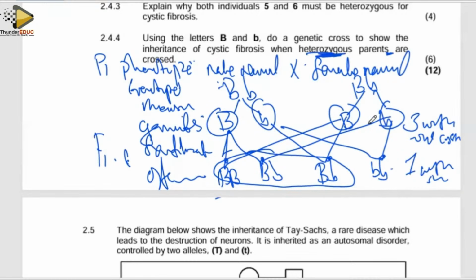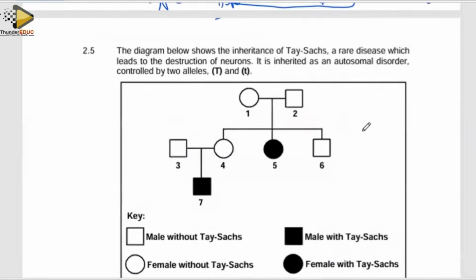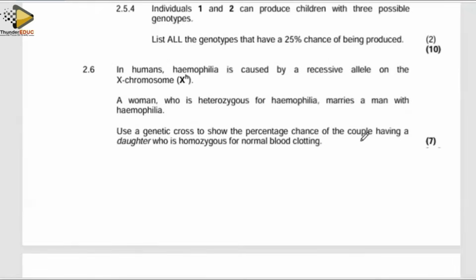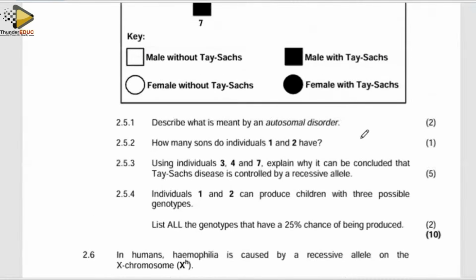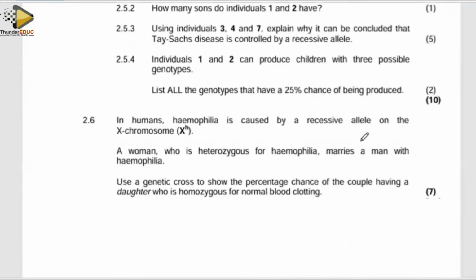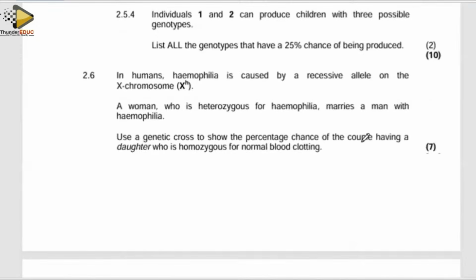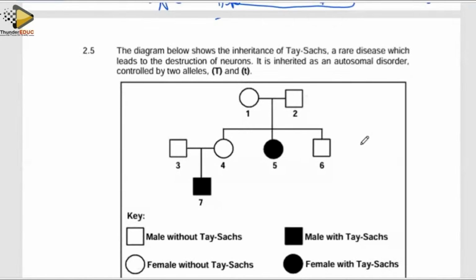That's all. Then the same question, we can look at this question now, and you see that it's the same story. You can do a genetic cross, and then you see that you get similar answers.